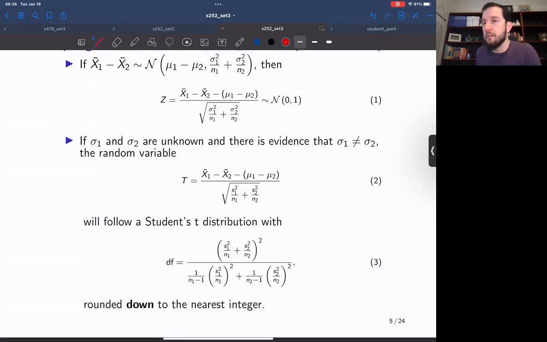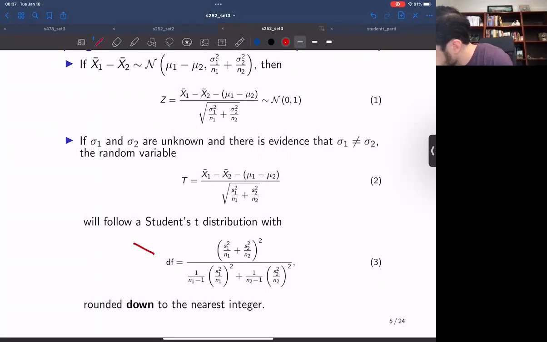If we replace sigma 1 squared and sigma 2 squared with the variances from the samples, we now have a student t random variable. The degree of freedom for this particular hypothesis test, using the test statistic shown in equation 2, is given in equation 3. You can see here that the degree of freedom approximation for this test is actually quite cumbersome to compute. This formula is what is going to be used in SPSS.